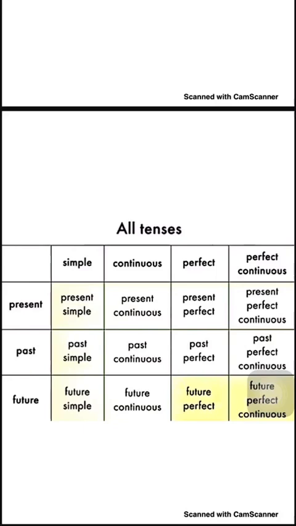For example, you have to change the sentences into the affirmative when the negative is given, or into the negative when the affirmative is given. In that case I have given you some notes also, and I hope you have completed your homework. Okay, thank you. Have a nice day.